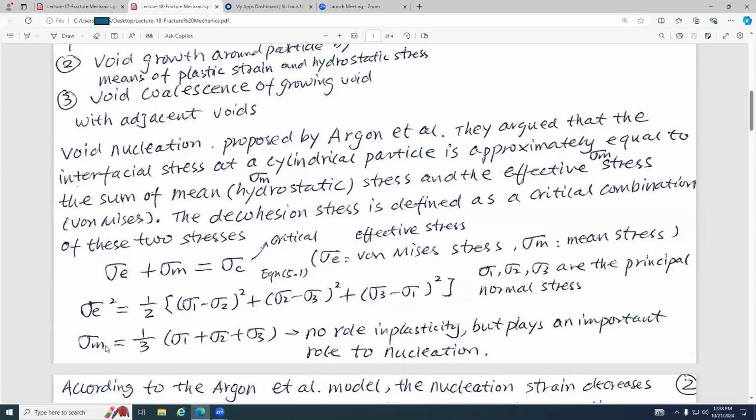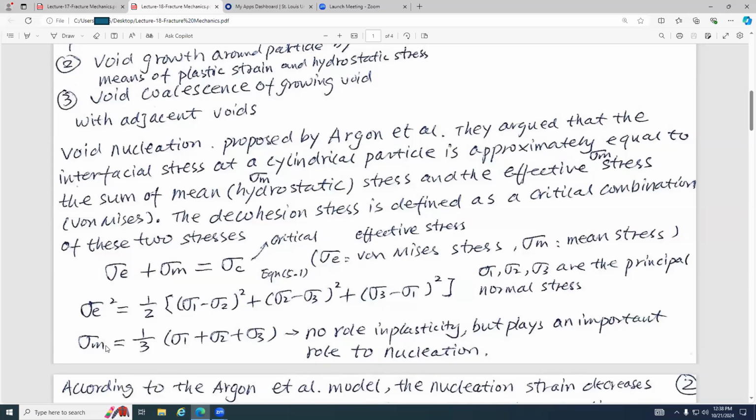The principal normal stress means that on this surface, shear stress equals 0. You only have normal stress. So the von Mises stress can be determined using this equation. That means we just use the three principal normal stresses.